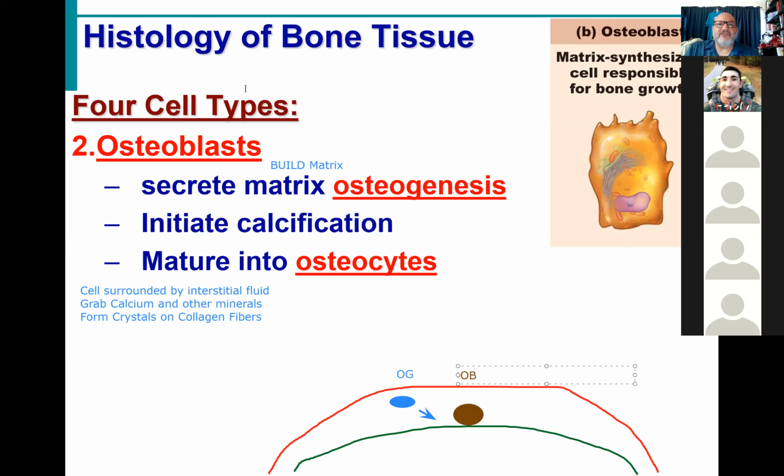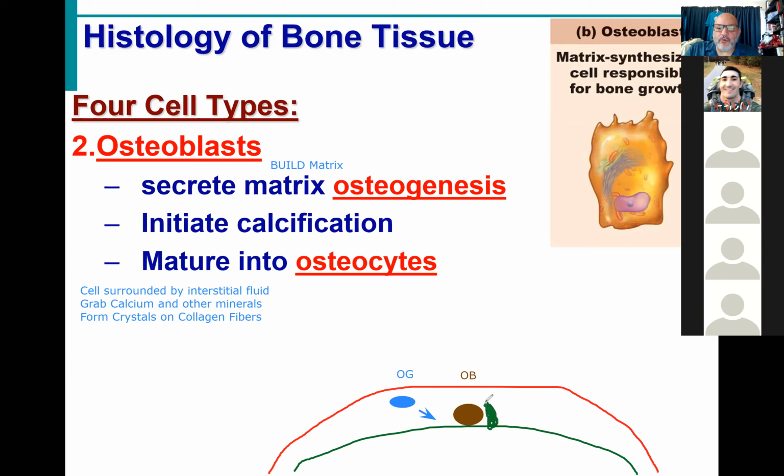And as we mentioned, what it's going to start doing is it is going to start taking the calcium, taking the phosphate, taking the magnesium, taking the carbonates, taking all these things and making matrix.